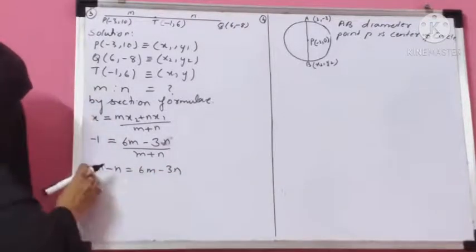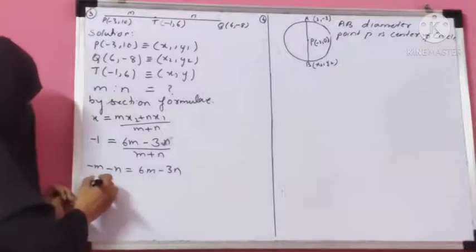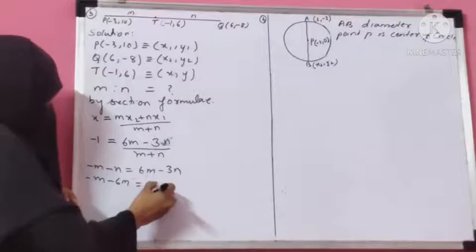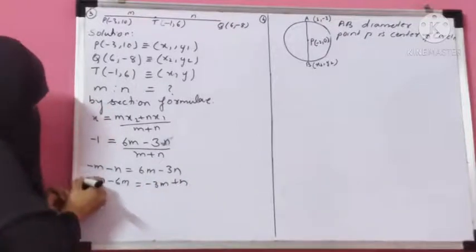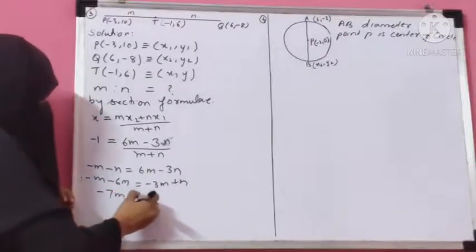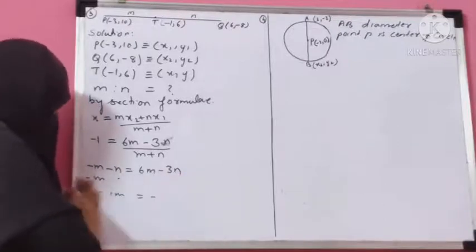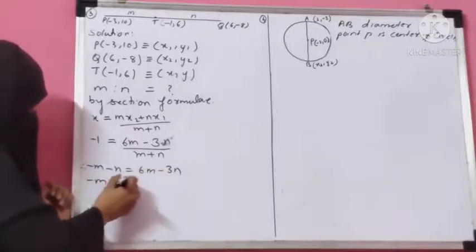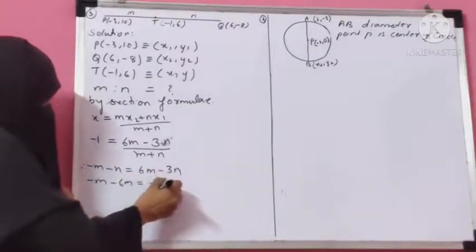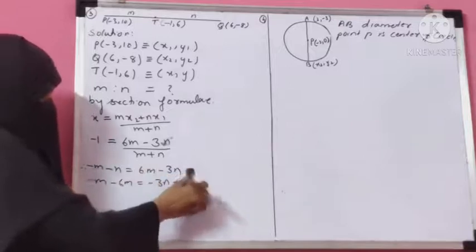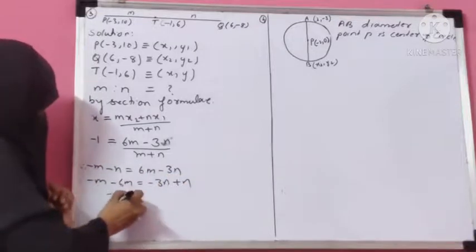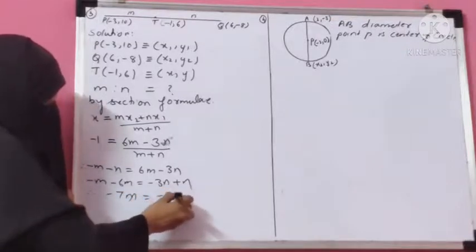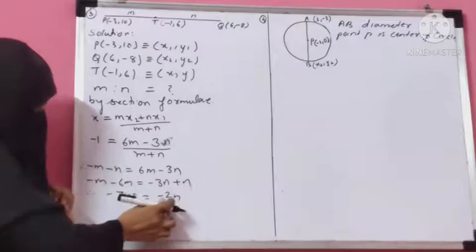Now keep the m terms on one side and the n terms on the other side. Shift the m part to one side: -m from here, -6m; -3n from here, -n comes here, plus n. So it becomes -7m is equal to -2n, since -3 plus 1 is -2.